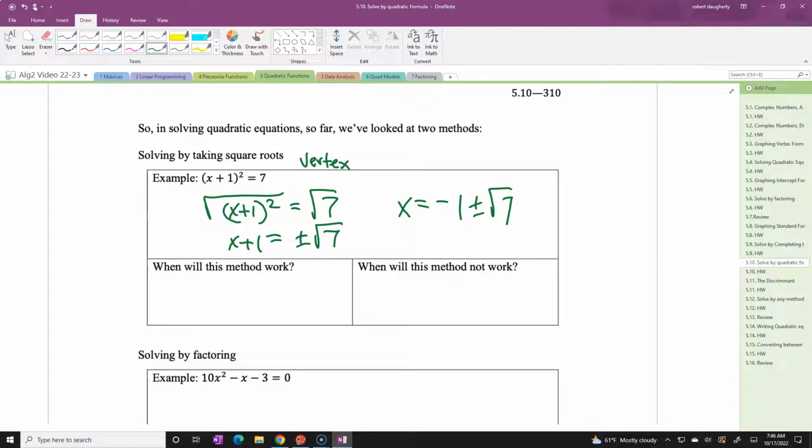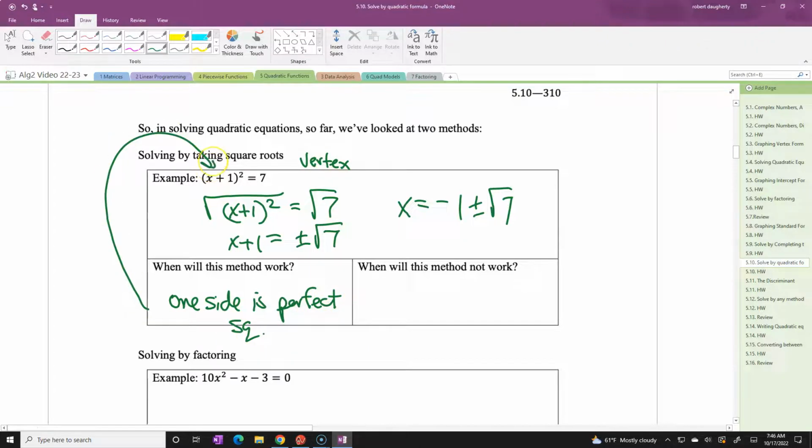When will this work? This works when one side is a perfect square. So when you can see the side that has the variable expression, when that side is a perfect square, you can take the square root of both sides. When does this not work?